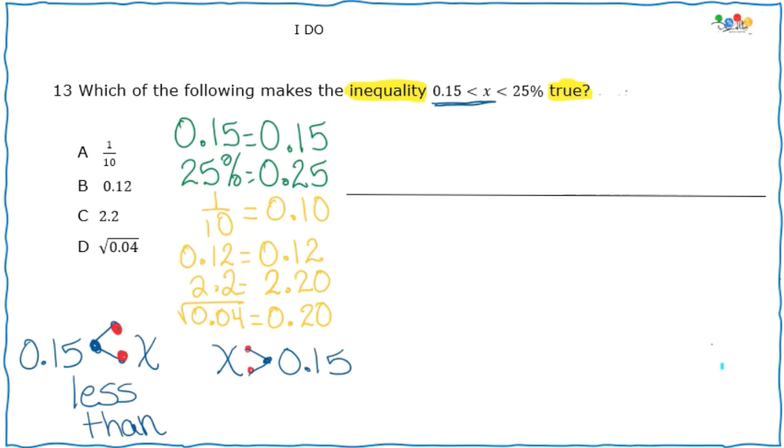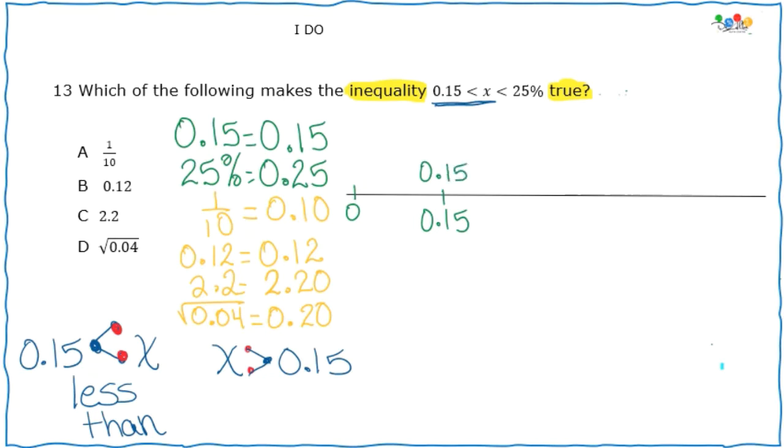So 0.15 is like decimals, right? So if this is 0, then 0.15, I want to say somewhere over here. And the number equivalent to that is still 0.15, right?